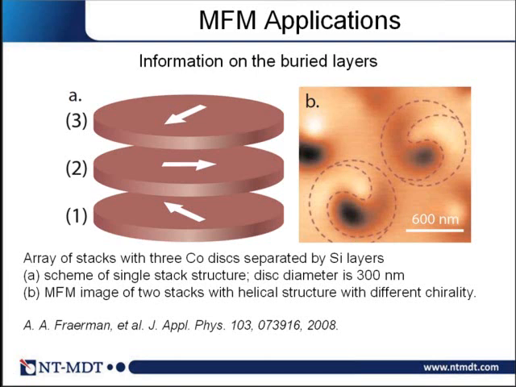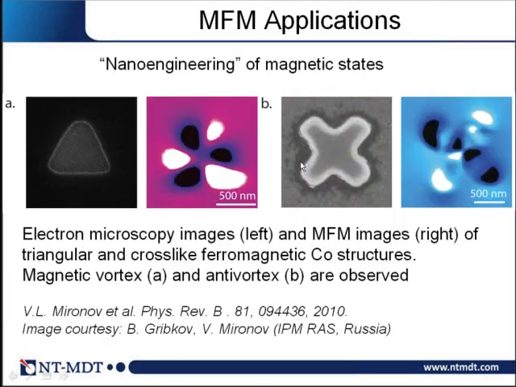Okay. Our next example is connected with nano-engineering of magnetic states. It is now a very hot topic to produce a given structure of magnetic states, for example, defined magnetic domain structures.